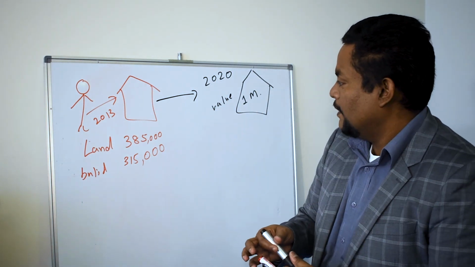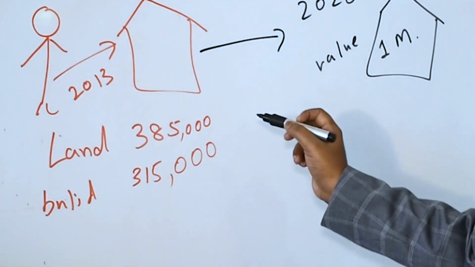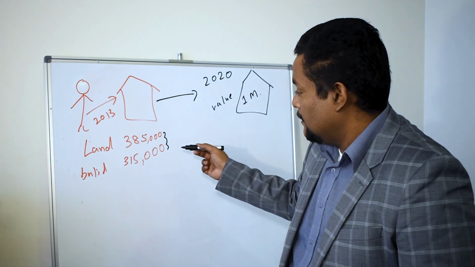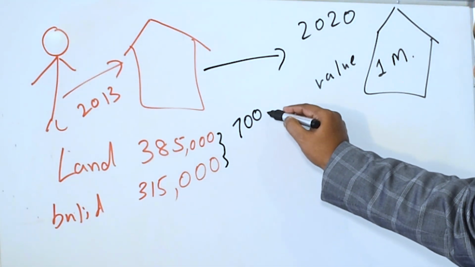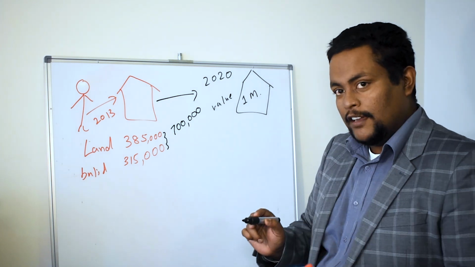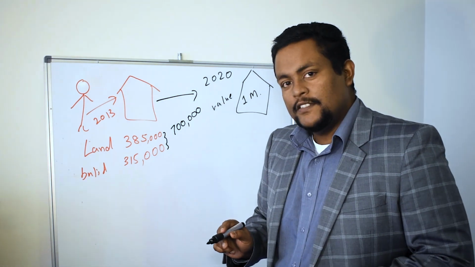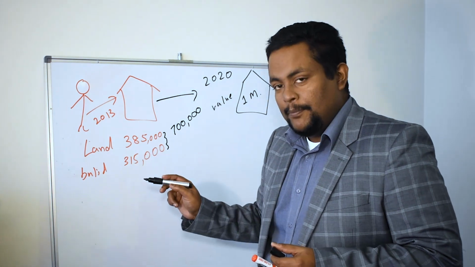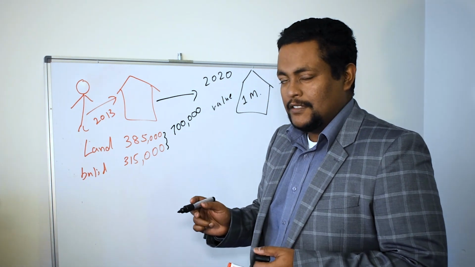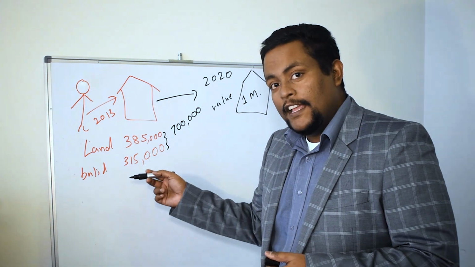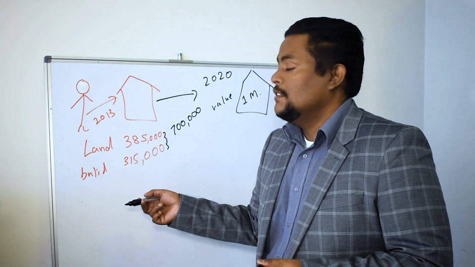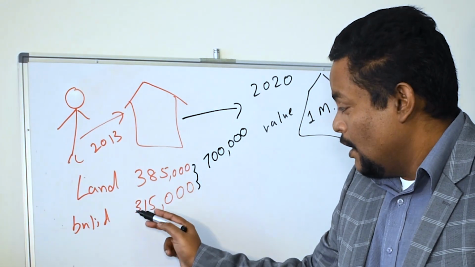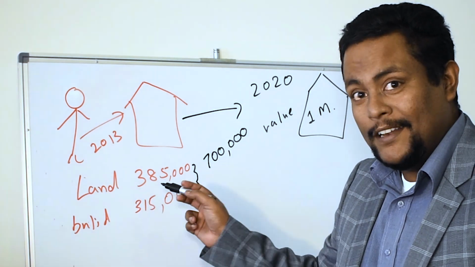So, land and build. I asked for specific details. It cost him 700,000. But hang on, before that, when he purchased the 385,000 land, he paid some deposit, 5% or whatever. Then he has to pay LMI, lender's mortgage insurance, and also he holds the land for about 6 months while building.